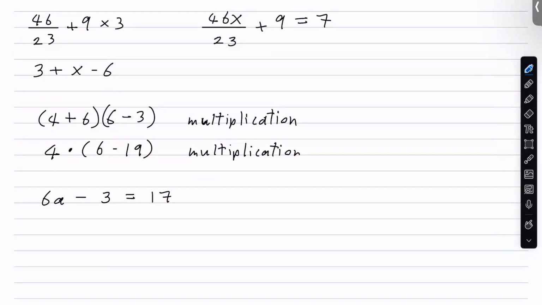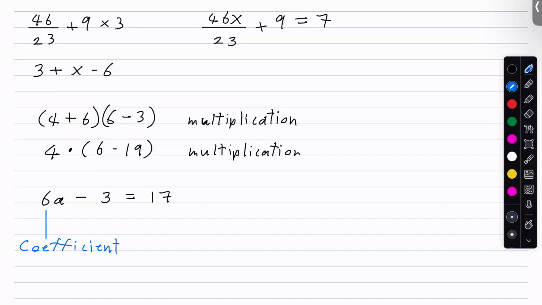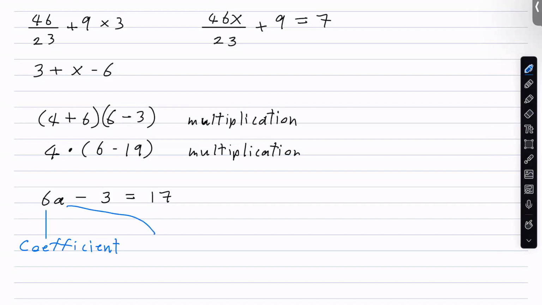Starting off with the 6 here, the 6 is a coefficient. The a, on the other hand, is a variable, since by its very definition, it can vary, it can have several different answers. We don't know what the answer would be, and we're not sure of it yet.